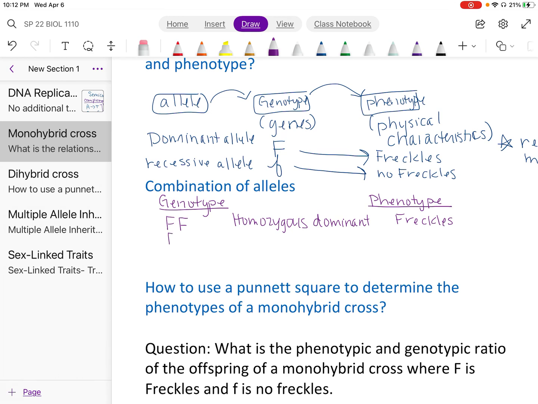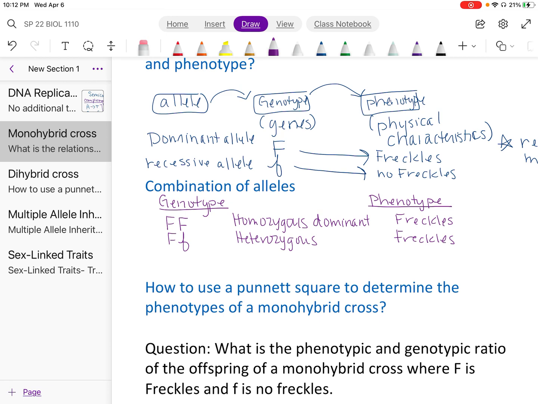If you have a capital F and a lowercase f, this means you have heterozygous. And because you have a recessive allele and a dominant allele, the recessive allele is going to be masked by the dominant allele. So the phenotype here would be that you have freckles.